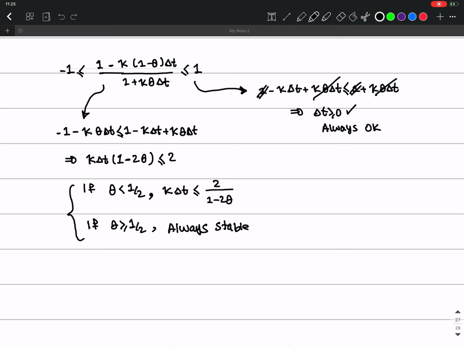Okay, so this is a conditional stability here. This is conditional stability.